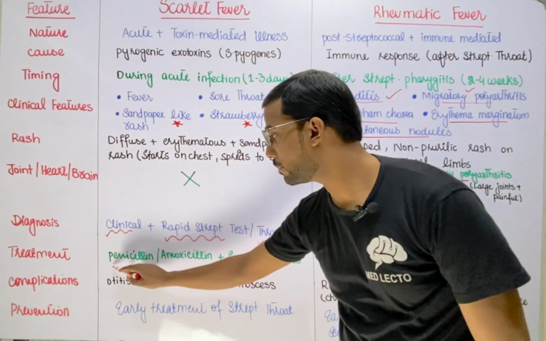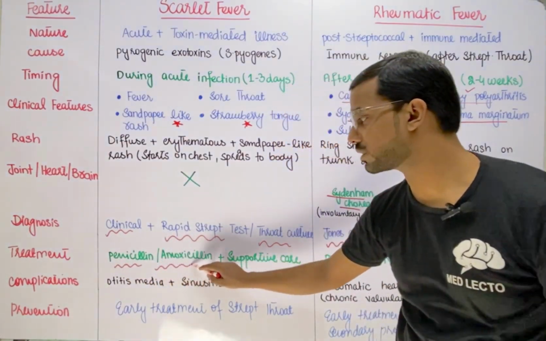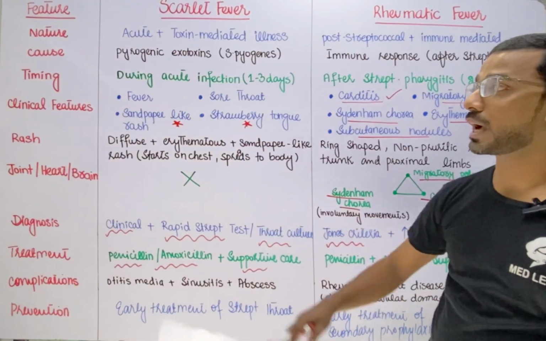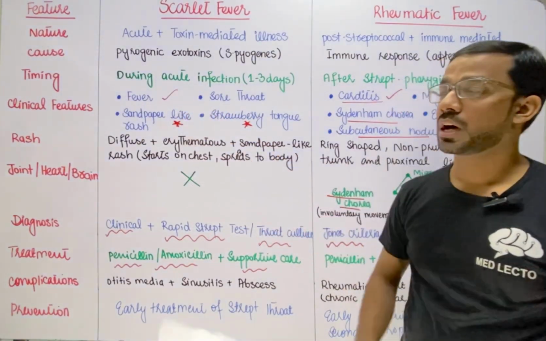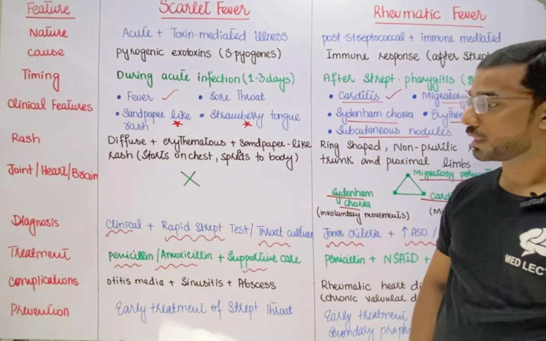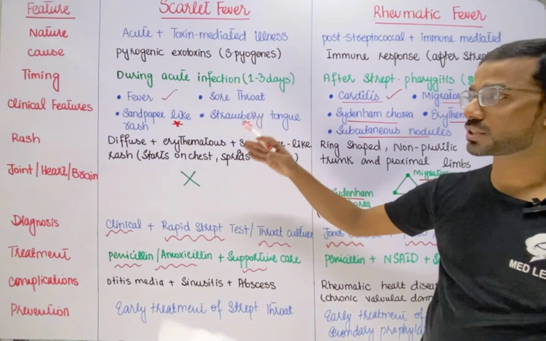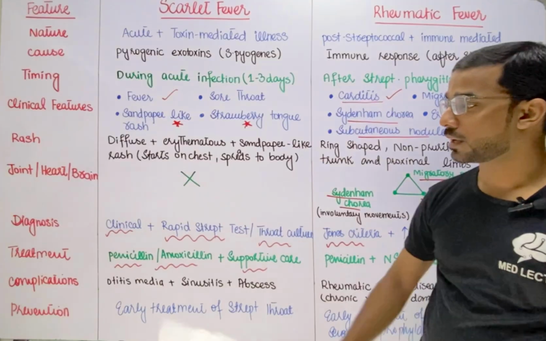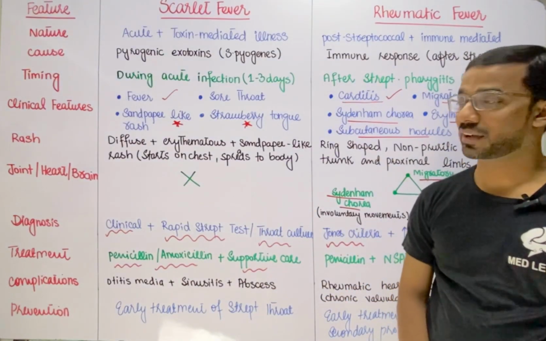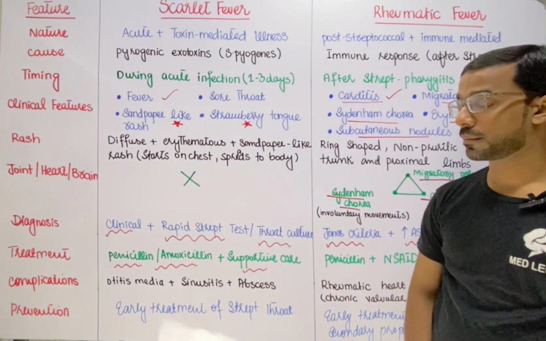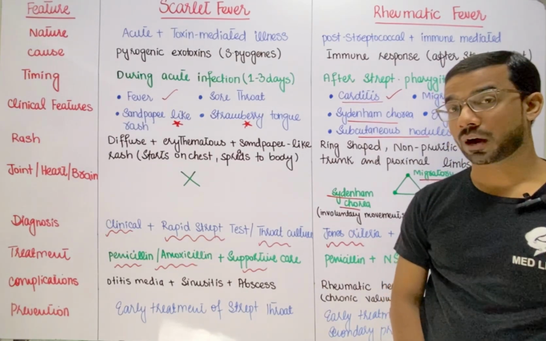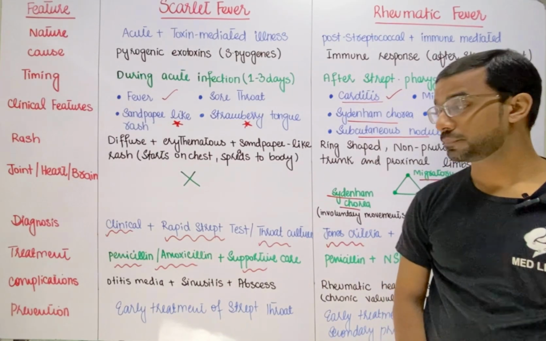Treatment: the best treatment is penicillin and amoxicillin, and you will also give supportive therapy according to the symptoms, for example acetaminophen for the fever, and for the throat infection and rash you can also go towards penicillin to reduce the infection. You can also use antibiotics given after the culture.